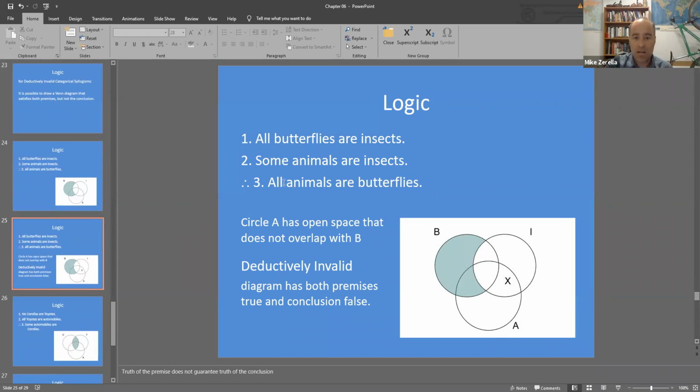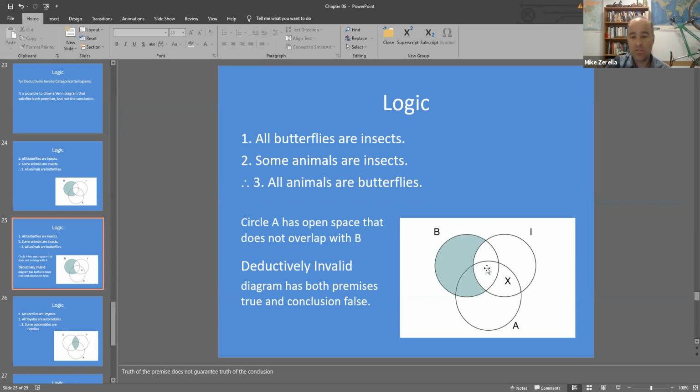Now, all animals are butterflies is our conclusion. So is that represented here? Well, no. Some animals, in fact most of the animal circle, is outside of the butterfly circle. So this is available. Something could be included down here somewhere. So this shows that the conclusion can be false.